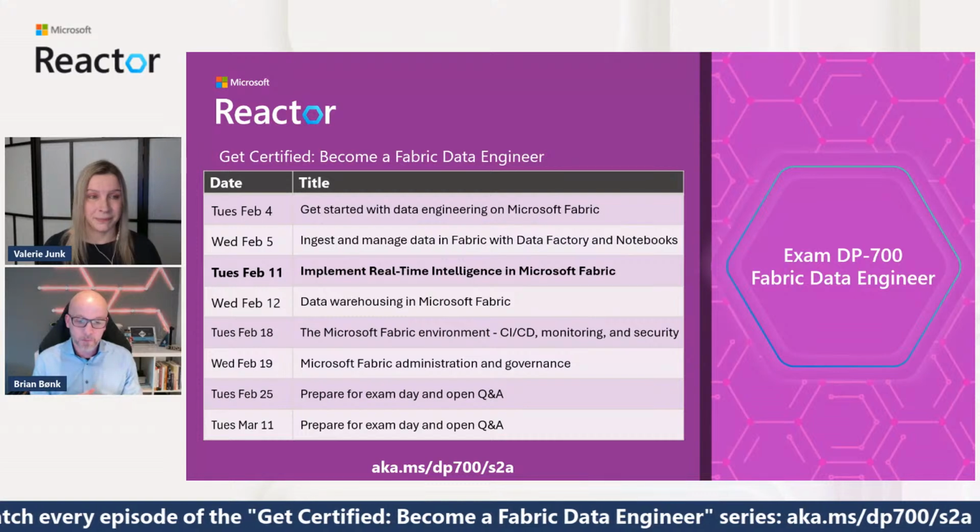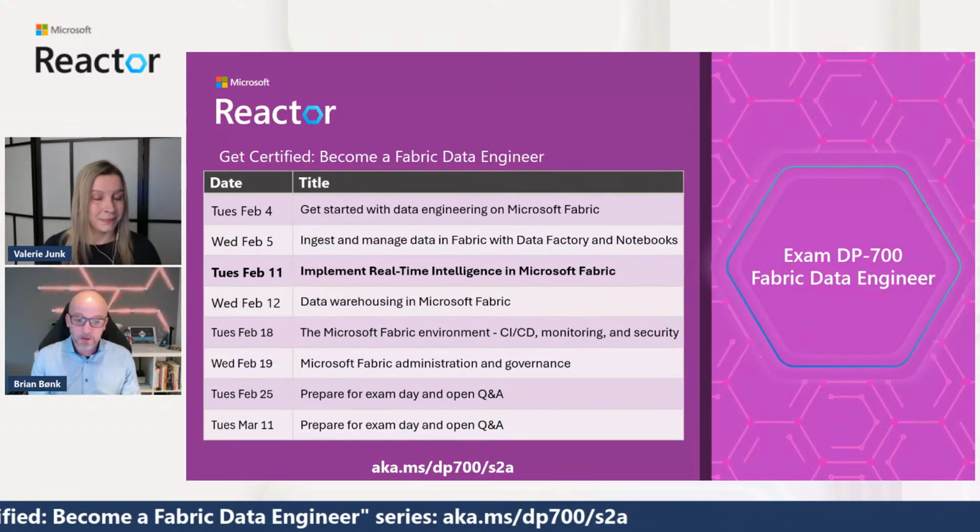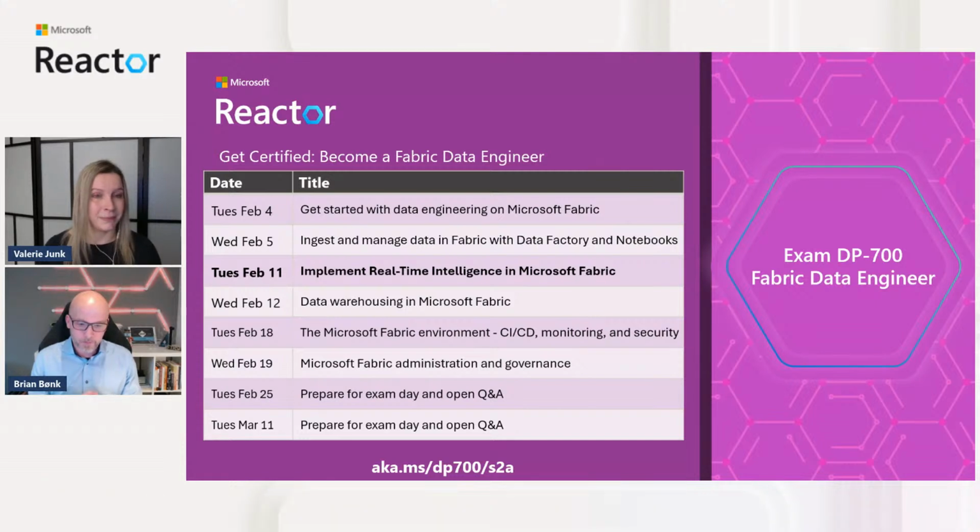And tomorrow, Data Warehousing in Fabric. And next week, CI/CD, Monitoring and Security, Microsoft Fabric Administration and Governance, perhaps something you should look into if you want to get the DP-700 certification. And 2 Q&As, Prepare for the Exam Day, where you can ask all the questions that you have and then get started.